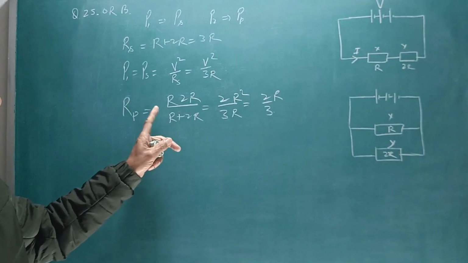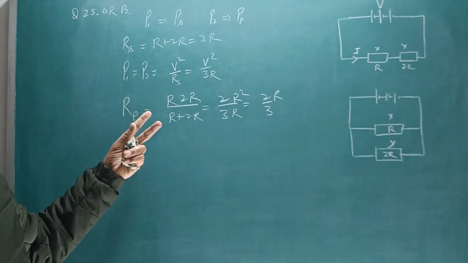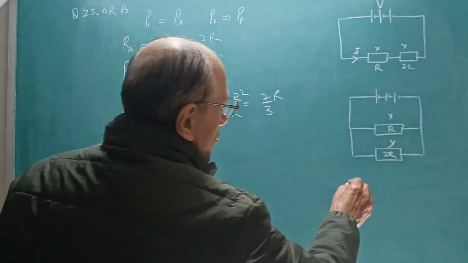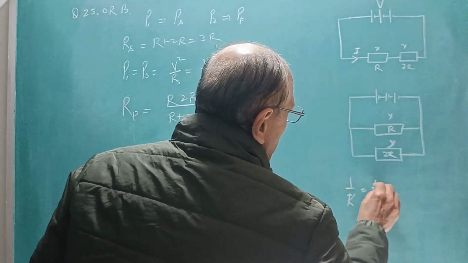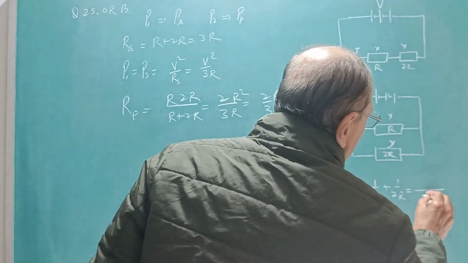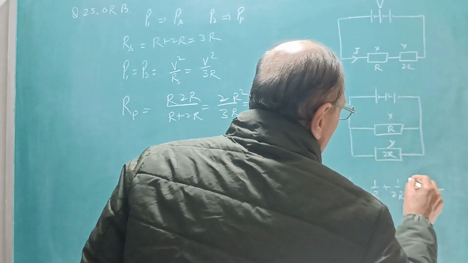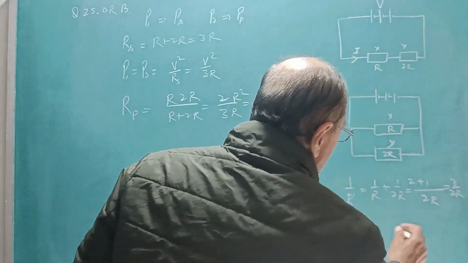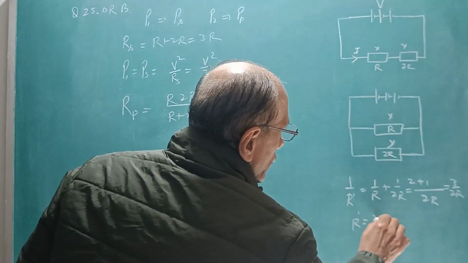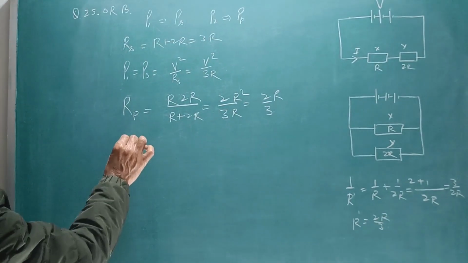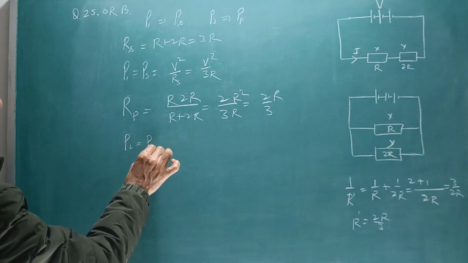This is the shortcut way to find the equivalent resistance. When there are two resistors, you just have to find product upon the sum. Just like here, you can see 1 upon R dash equals 1 upon R plus 1 upon 2R. So you get the LCM 2R, and here you get 2 plus 1, that is 3 upon 2R. Just reversing it, that is equal to 2R upon 3. So you will get the same answer.